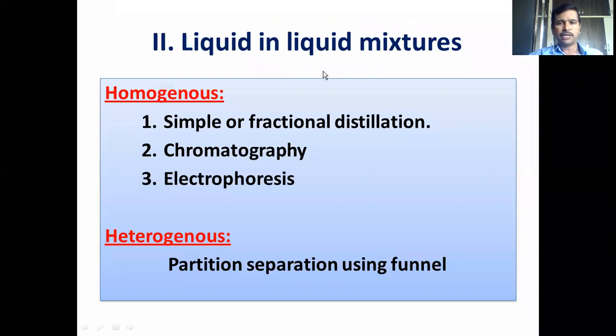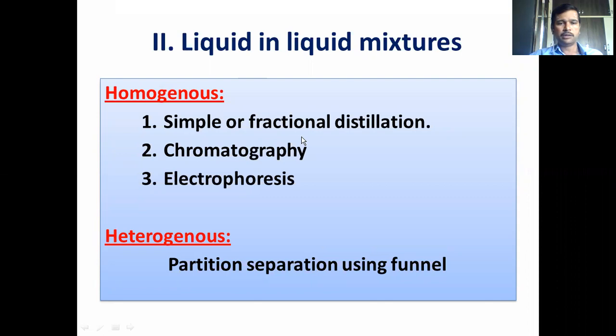So if you take a mixture, the components which are present are also liquid, and the solvent may also be liquid. So of course, they are also present in homogeneous state and heterogeneous state. How to separate these liquids which are present in liquid mixtures? The homogeneous mixtures will be subjected to simple distillation process or fractional distillation process.